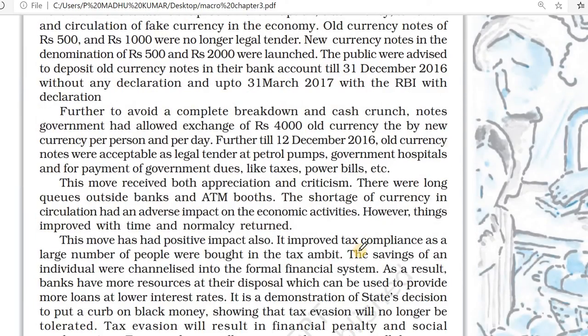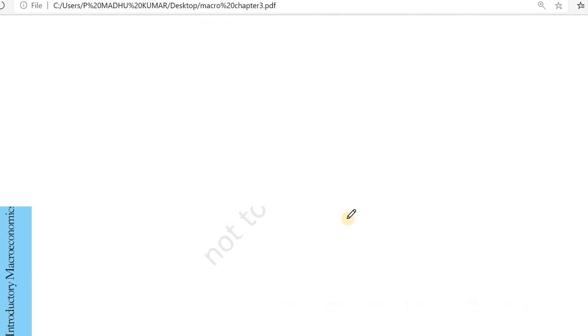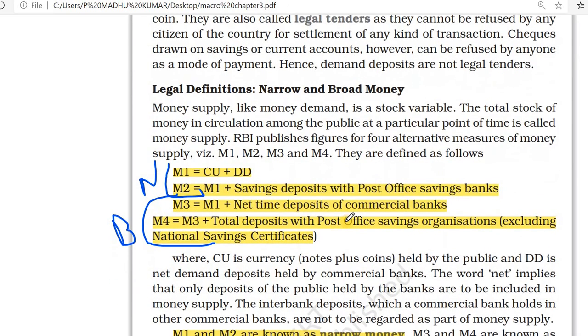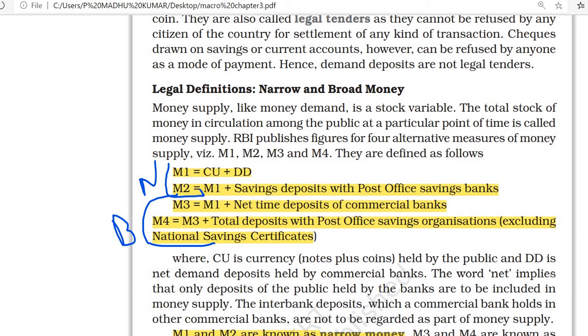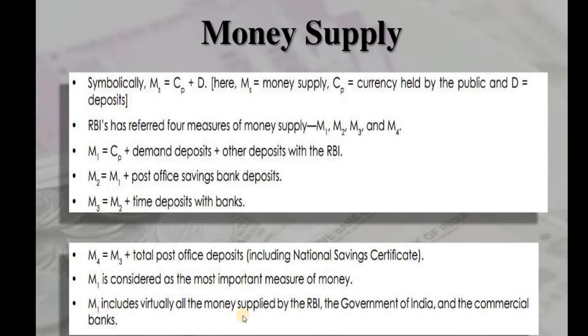Then these are the main things about the legal definitions of money. M1, M2, M3 and M4 are there. Here you can see M1 equals currency with public, demand deposit, and other deposit with RBI. M2 is M1 plus post office savings bank deposit, and M3 equals M2 plus time deposit with banks.